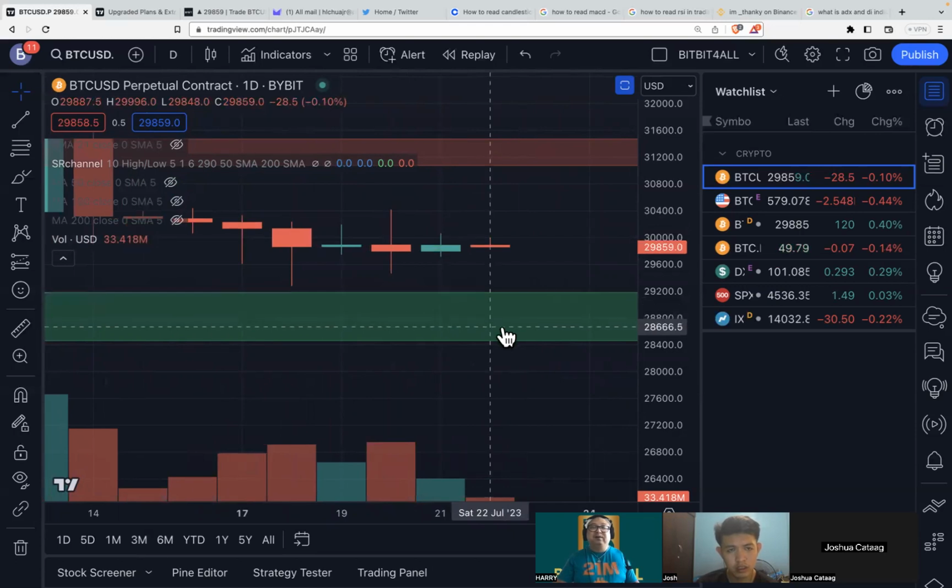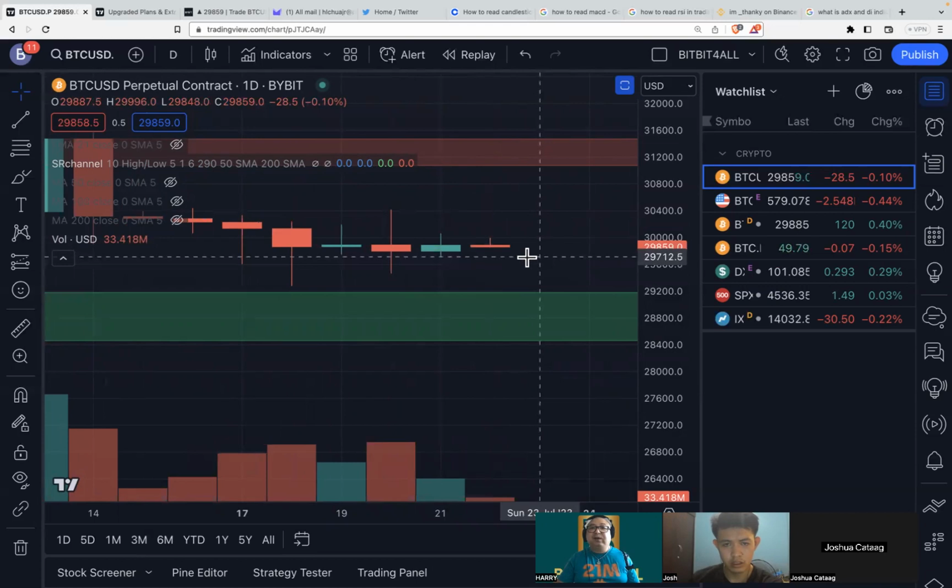You are nakasalalay ka na sa support. So if the price go down to this level, so ngayon 29,859, kung ang price will go down to this level, may assurance ka na ang mga buyers will start buying at this. Meron na silang mga orders dyan. So, mayroon mga limit orders na nakasulat dyan. Di ba doon sa Bybit, meron tayong limit orders.